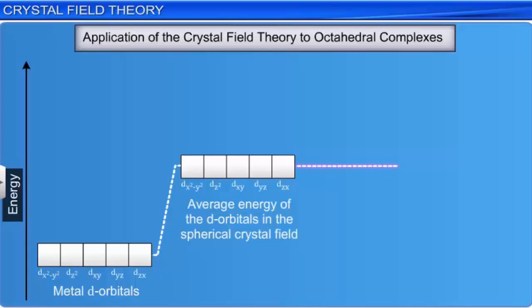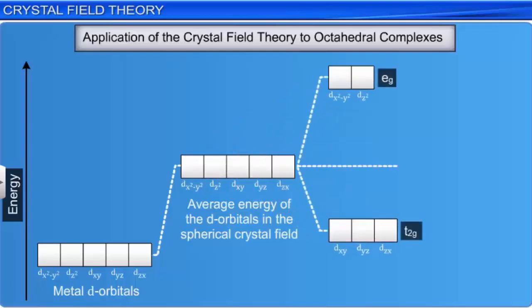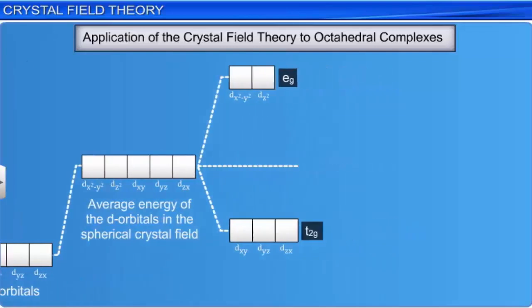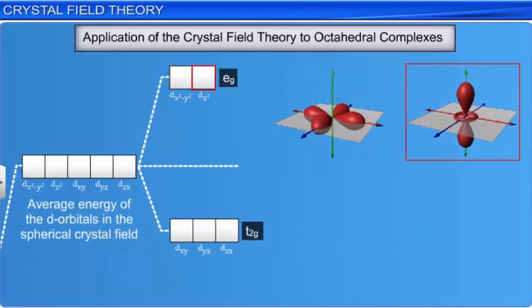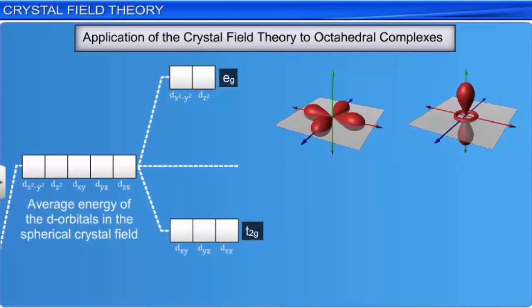However, out of the 5 d orbitals, 2, that is, the dx2-y2 and dz2 orbitals, which are collectively known as the eg set of orbitals, are oriented along the axes towards the direction of the ligands.